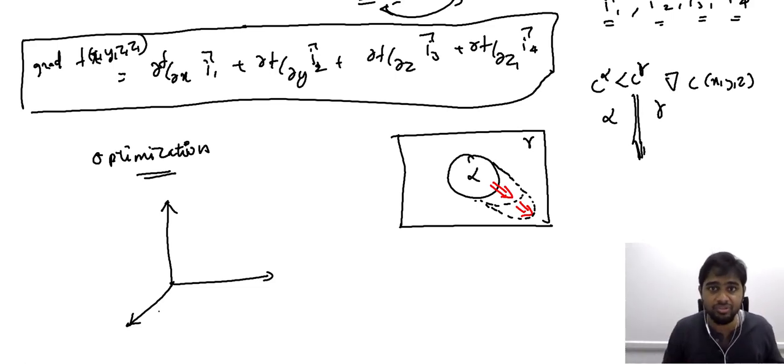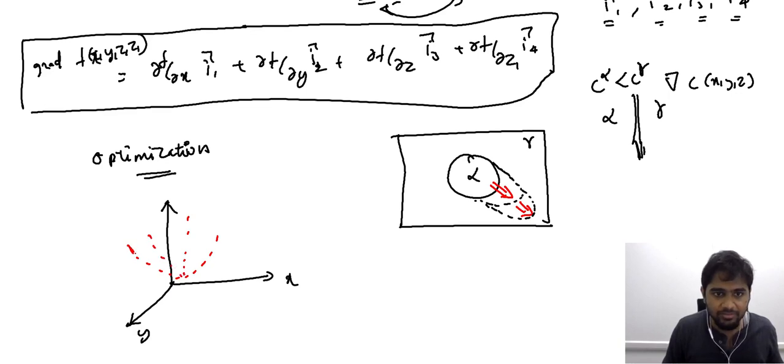This error function is dependent on two independent variables x and y. And the error function is of this form like this. So you have a parabolic error function.